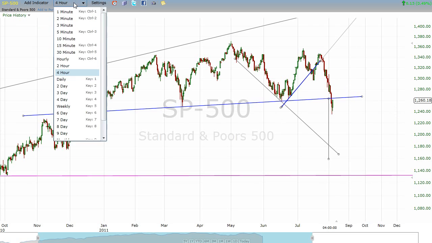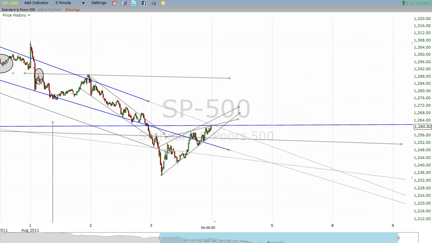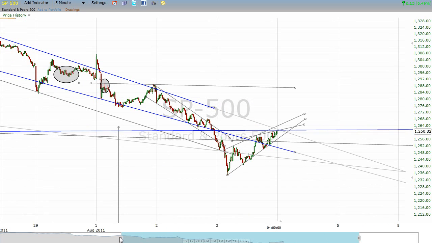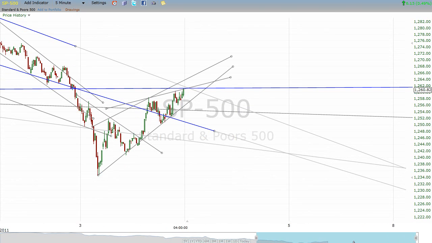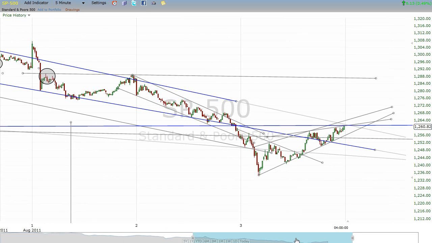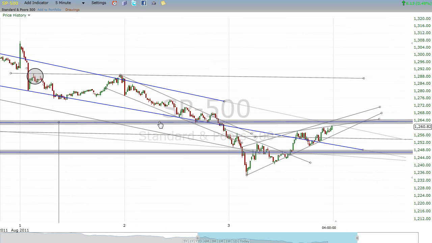Now, if we look at a 5-minute chart, I want to show you what this rally looks like today. And the first thing I want to show you, let's move this line really where it needs to go, right there.